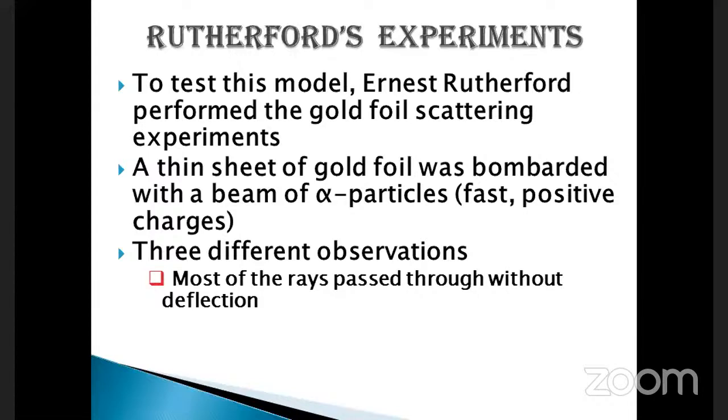If you bombarded it with positive charges, if positive charges hit positive charge, what do you think will happen? It should rebound. It should repel it. But the fact that most of the rays pass through without deflection means that that model is not correct, because he expects a reflection or a rebound.